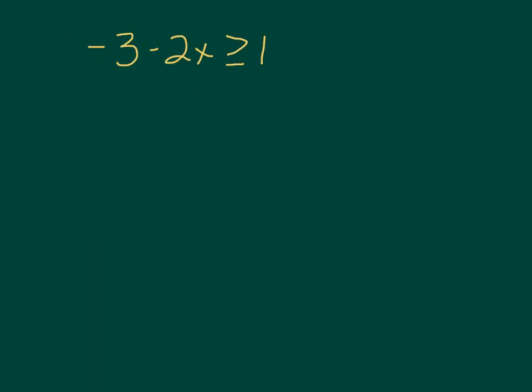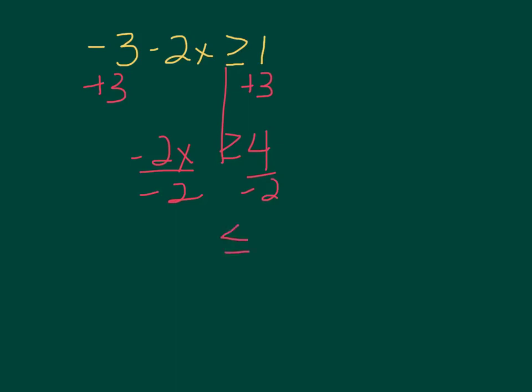Okay, so again, I'm going to solve for x. We solve it the same way. I need to add 3 to both sides. So I have negative 2x, make sure you bring down your negative, is greater than or equal to 4. Now I'm dividing by negative 2. Here I'm dividing both sides by a negative, so I know I'm going to have to flip my sign. So 4 divided by negative 2 is negative 2.